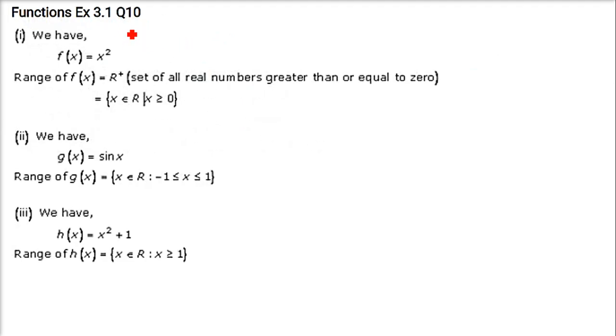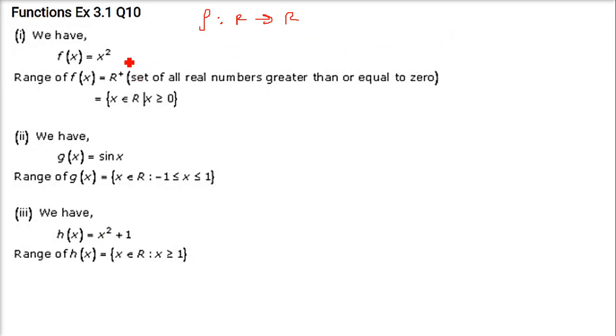Next is, if f, g, h are three functions defined from R to R, that is f from real number to real number. f(x) equal to x square, g(x) equal to sin x, and h(x) equal to x square plus 1. You have to find the range of each function.